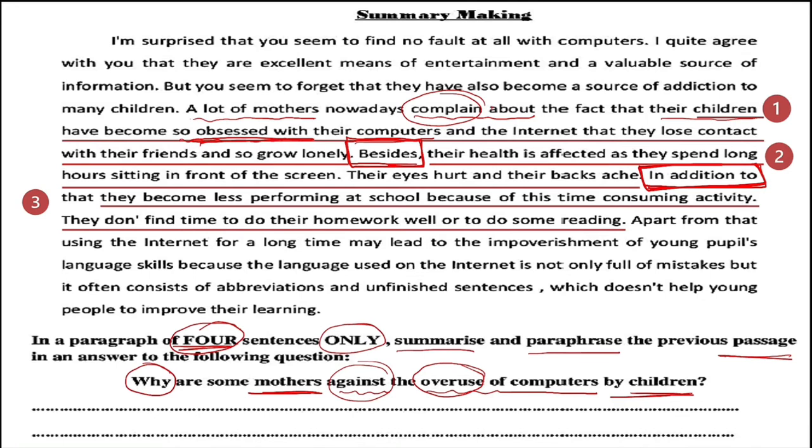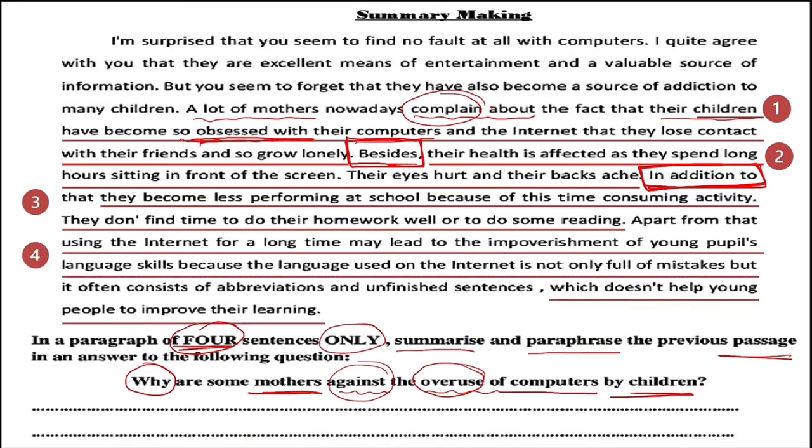So they become less performing at school. So their performance is affected at school because of this time consuming activity. And of course, they don't find time to do their homework or to do some reading. Now, this is one, two, three. It means we have another one coming and we need to find it. All right, so we have to continue reading.